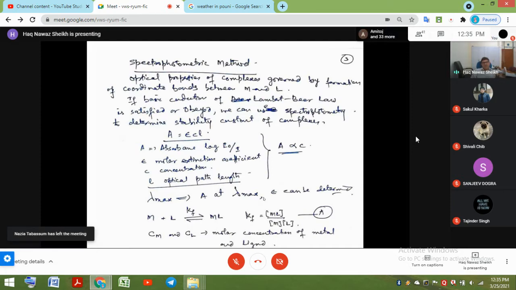Had it not been absorbing in the visible region, it would be colorless. So you give a command to send all wavelengths from 400 to 800 nanometer through the solution, and the computer will display a graph showing maximum absorbance at this particular wavelength. So that becomes the lambda max.